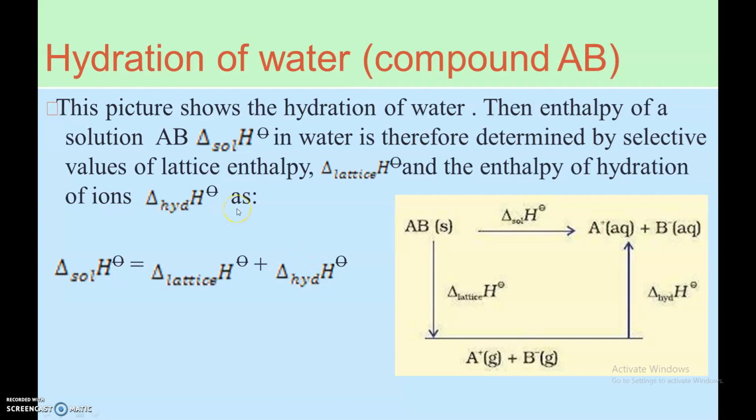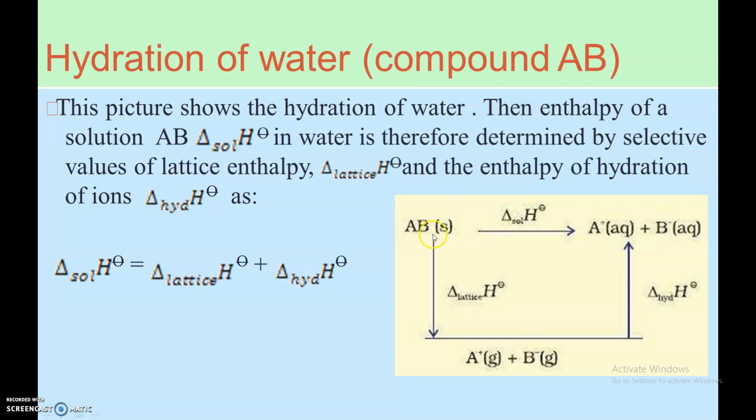We have to consider the lattice enthalpy also, because the substance will separate into ions, then it will dissolve. So the enthalpy of solution will be the sum of the lattice enthalpy and hydration enthalpy.